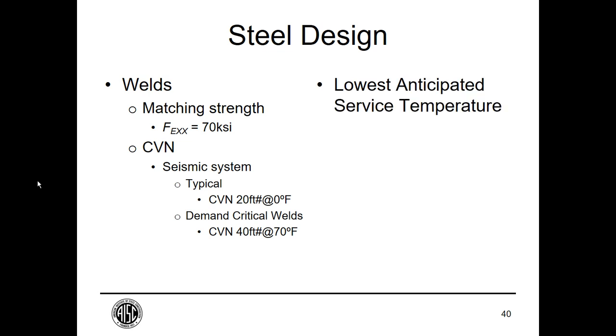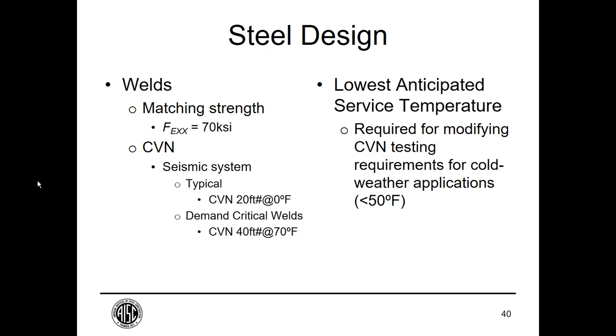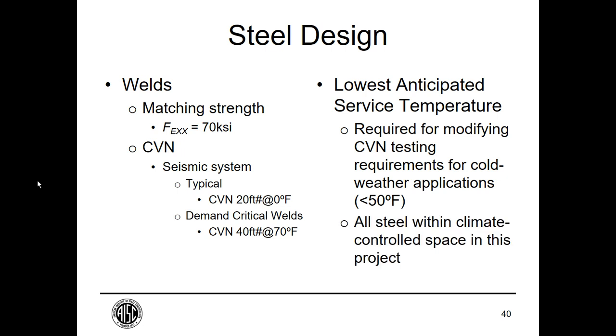We also need to make sure that the lowest anticipated service temperature is either 50 degrees or higher, or if it's not, we need to specify a more strict Charpy V-notch toughness requirement. So for our building, it's all in conditioned space, so we can assume the anticipated service temperature is greater than 50 degrees.